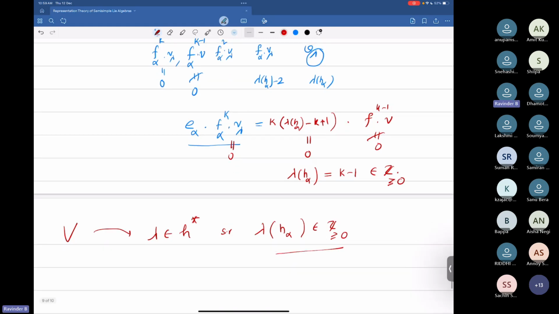So the correspondence we are doing is like the z greater than or equal to 0 in the SL2 situation. Now you're getting a similar thing.